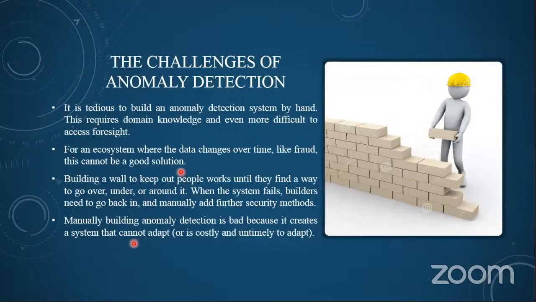Then, as mentioned in the second point, manually building anomaly detection is bad because it creates a system that cannot adapt. Adapt means, as in the banking example, the person spent 1.5 lakh in a particular month, but we can say that it is not an anomaly. So the anomaly detection system needs to be adaptive over the course of time.